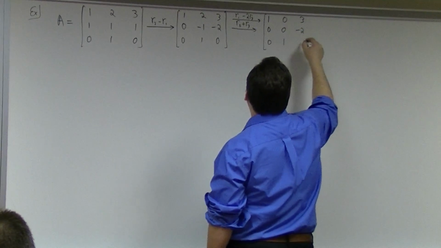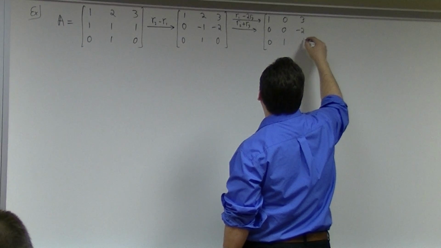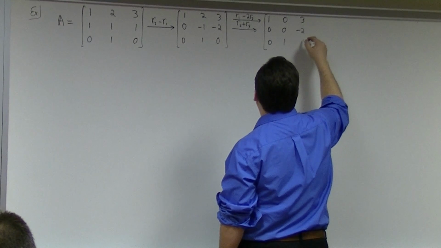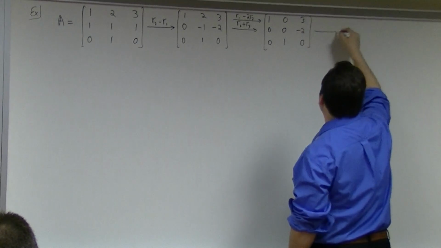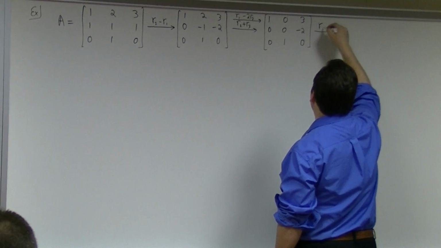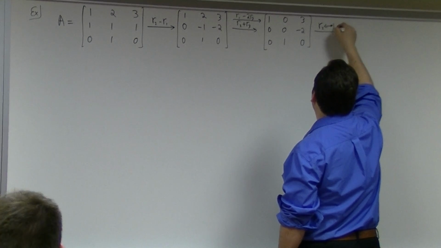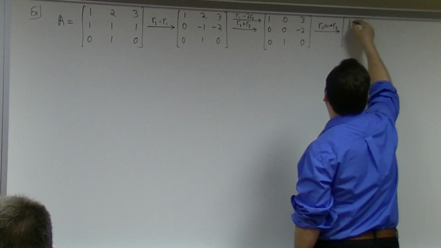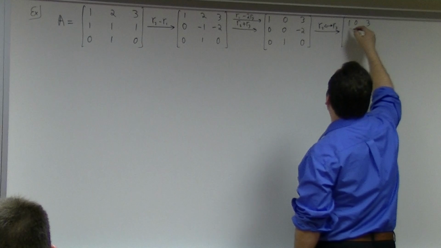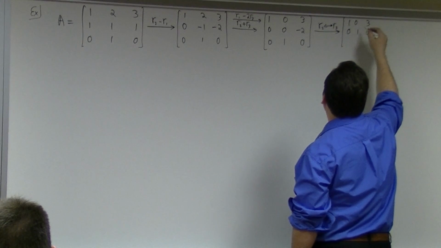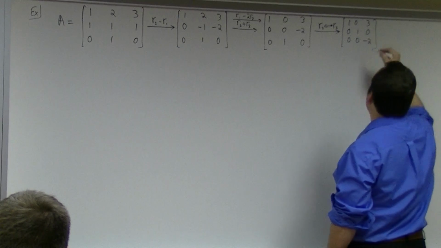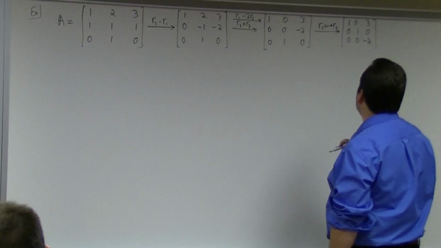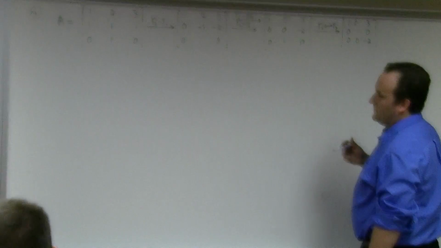I've cleared out the entries above the 1 in the lower row. And then finally, if you swap row 2 and row 3, you get 1, 0, 3, 0, 1, 0, 0, 0, minus 2. There are different ways to go here.